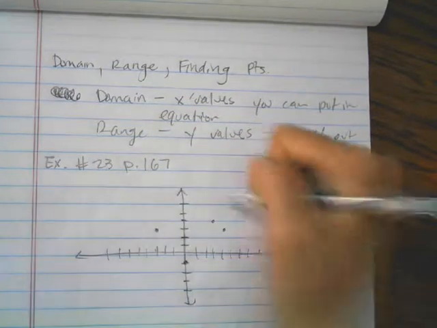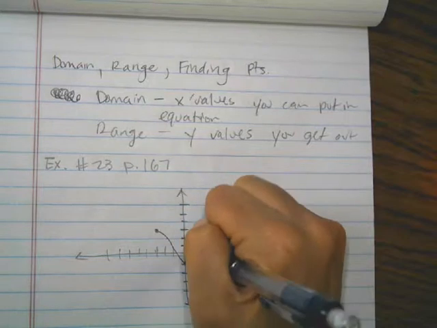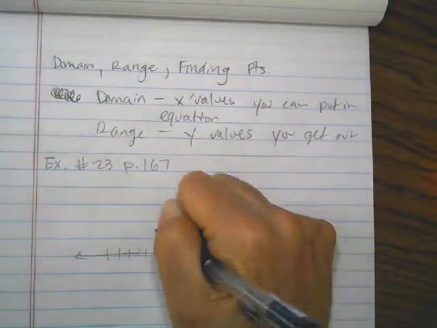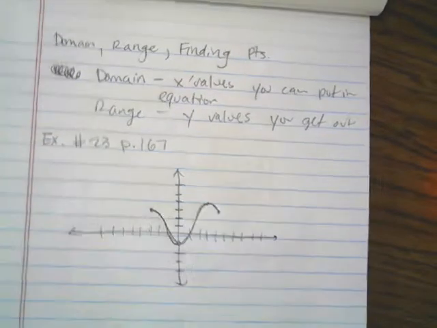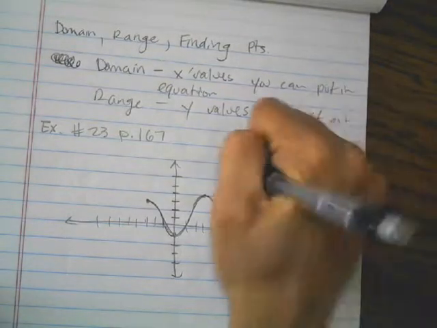So the graph looks like this. And then it asks you to do some things. It tells you this graph is h of x.